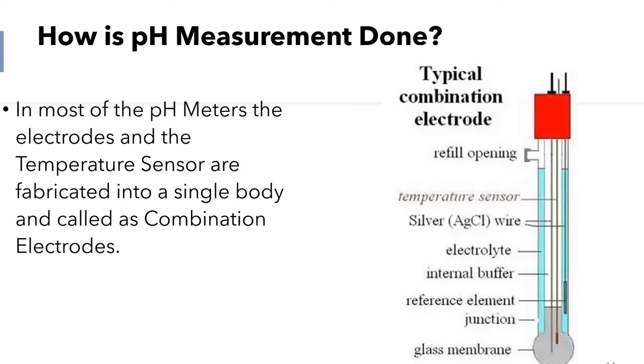In most of the pH meters, the electrodes and the temperature sensor are fabricated with a single body and called as combination electrodes. Here you can see a picture of a typical combination electrode. And here the temperature sensor and electrode is combined together.